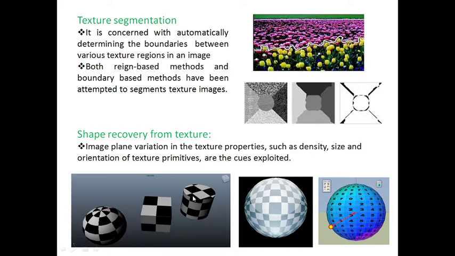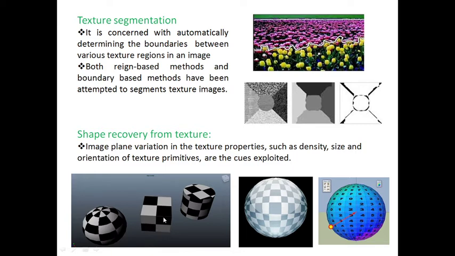This plane is spherical in shape, this plane is rectangular in shape, and this plane is spherical in shape. How can I feel these plane variations? It all depends upon the density of the texture. You can feel that in the black area the texture density is very small when I compare it with the texture density at the top of this face, because this is one face and this is another face.